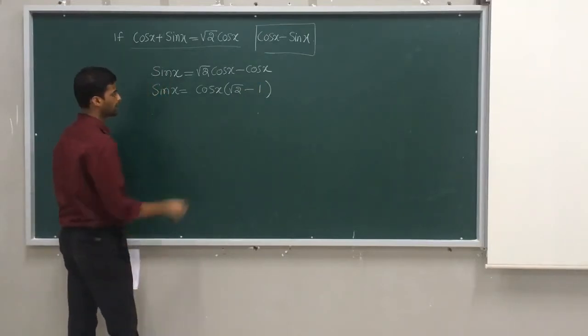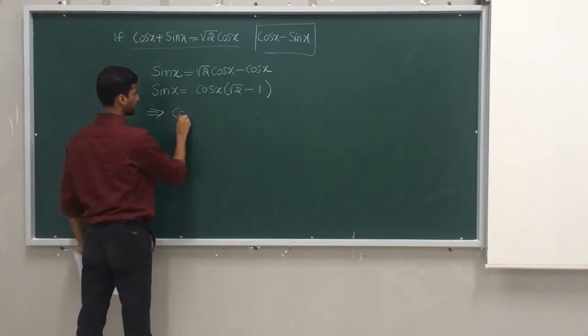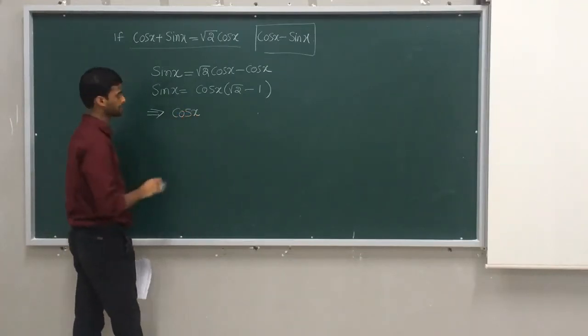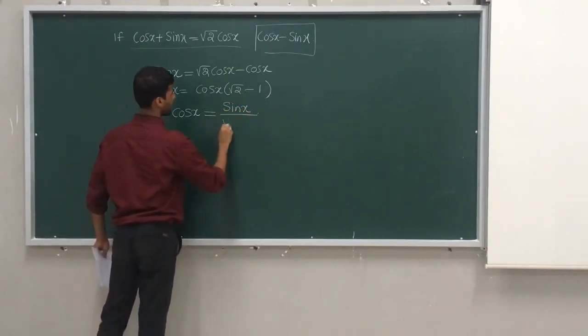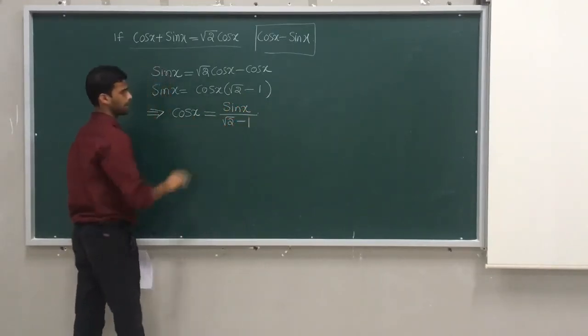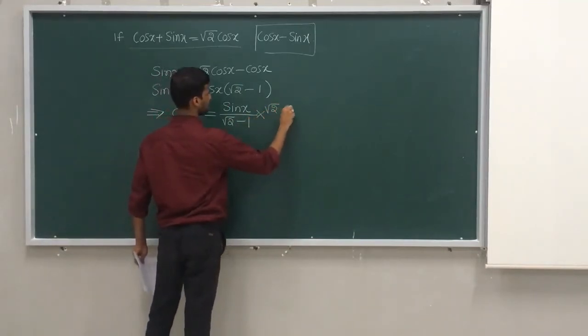Then what I will do here is, I'll write this as cos x as it is, which is equal to sin x divided by root 2 minus 1. I brought it down. I will rationalize it: root 2 plus 1 upon root 2 plus 1.